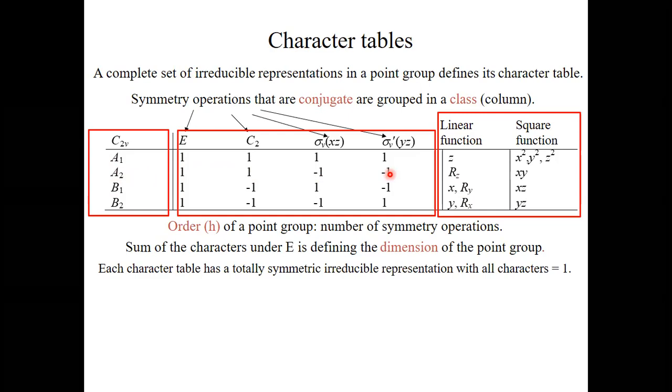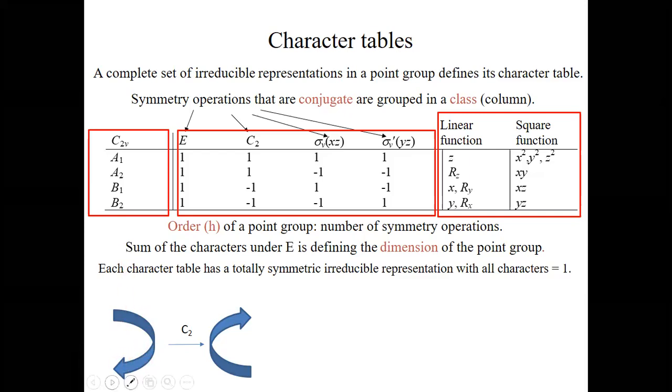So is there a way we can understand that a rotational vector that rotates around z has that symmetry type? The answer is yes, and I want to show you briefly how this works. You see here a rotational vector, which in this case rotates clockwise, and we rotate around an axis z, which stands here.